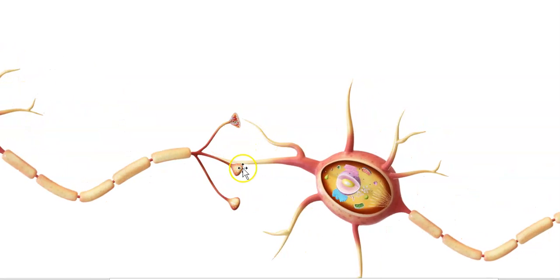And obviously, they're receiving information from the axon terminals. So that brings us to the function of the axon terminals. Together with the dendrites of a neighboring neuron, they form the synapse, which is a communication junction between two neurons.